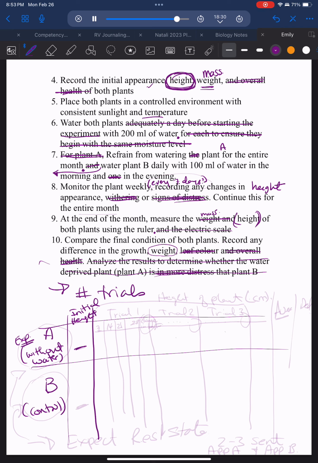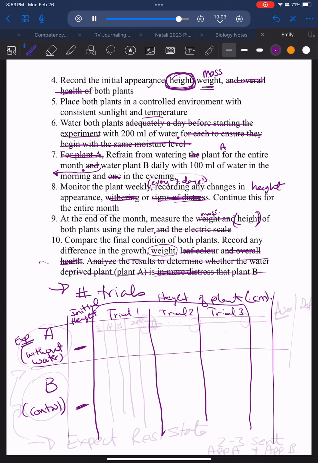If you would have carried out the experiment, you would record your initial height for both plants. Then you need 3 columns. This would be trial 1, trial 2, trial 3, and this would be height of plant, and that would be in centimeters, right? You would need a column for average and deduction. And here it says measure every 7 days for a month.